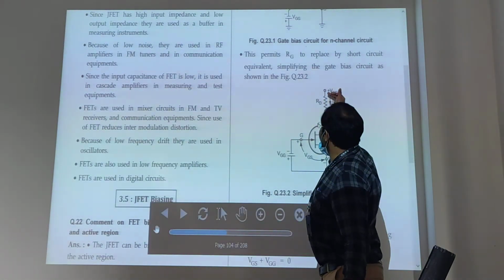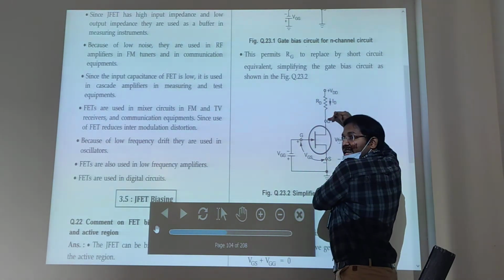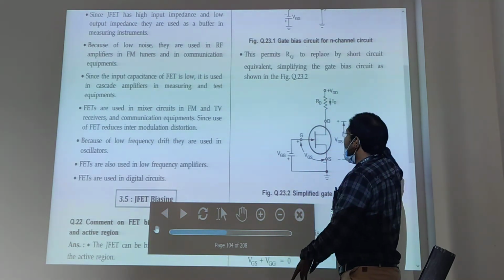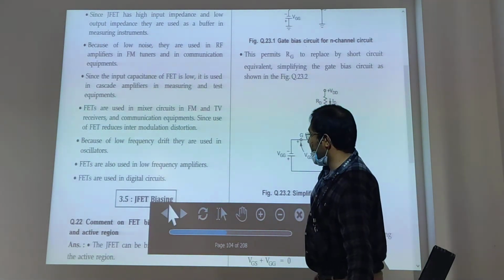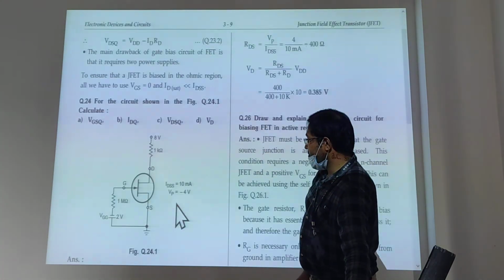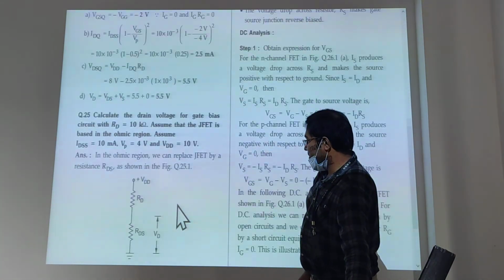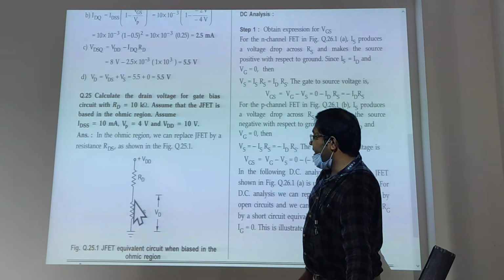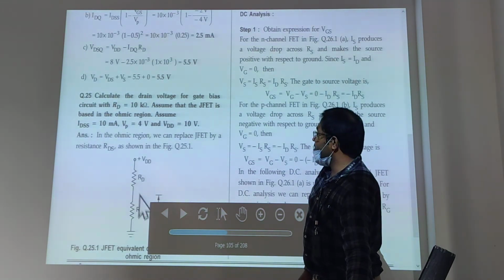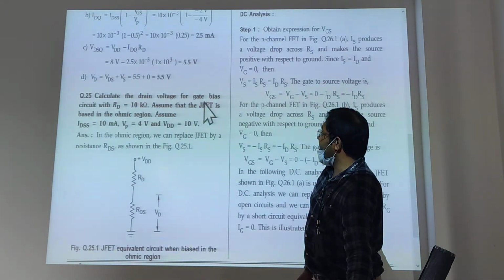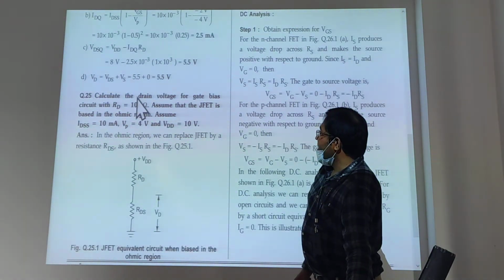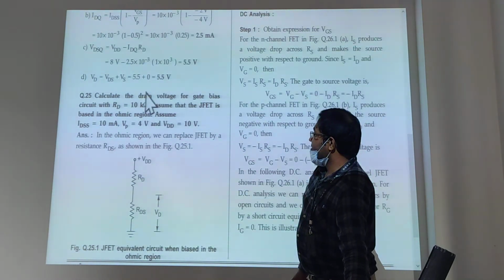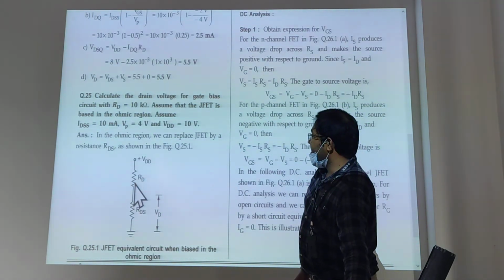So VDD, RD, RDS, the voltage at this point is VD. Clear? Now, what is the question asking? Calculate drain voltage. So VD they are asking.